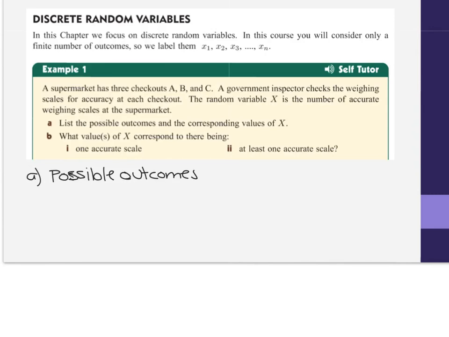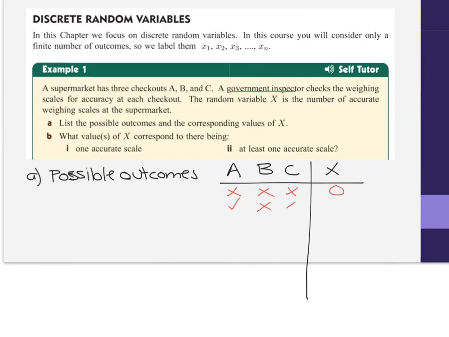Okay, so we could set up a table where we could have A, B, C, and X. So if we were the government inspector and we measured A, B, and C and found that all were weighing incorrectly, we could go cross, cross, cross, meaning that X would be 0. Say we came along and the first one was okay, but the other 2 weren't, we'd have 1. We could then follow this pattern, 1, 1. Oh, that's definitely not a cross there, that should be a 1.